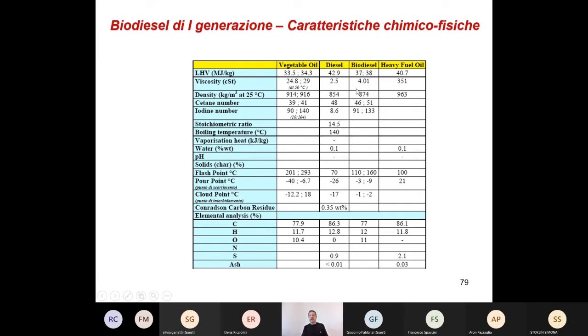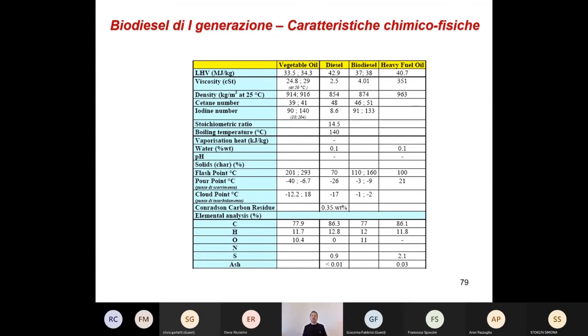So of course you can't compare diesel with vegetable oil viscosity. These are the main reasons you can use biodiesel directly in diesel engines. And probably the maximum percentage could be, I think, also 20% in the future in the engines.